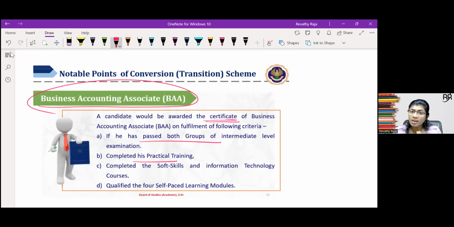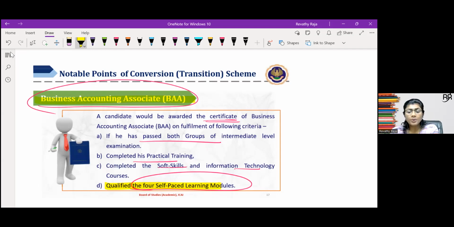Completed the articleship, practical training. Should have completed the soft skills and IT courses and qualified the 4 self-paced learning modules. So why did I discuss this over here? To get the BAA certificate, it is mandatory that you should qualify all the 4 self-paced online modules.